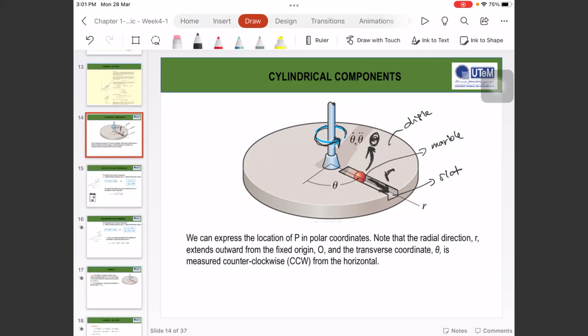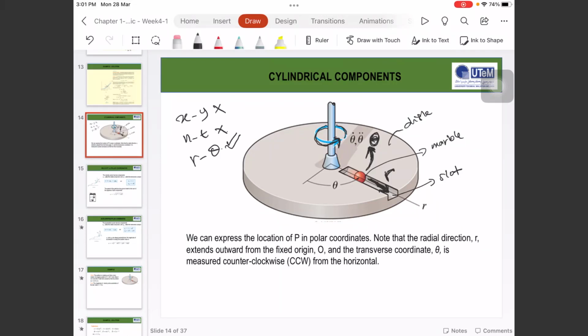So you have theta direction and radial direction. In this case it is not suitable if you want to analyze using xy or normal-tangent. It is difficult. So the next method is the cylindrical method, which we call r theta.